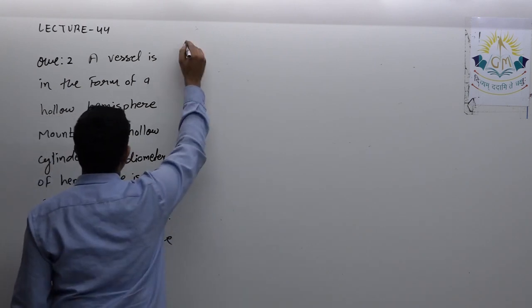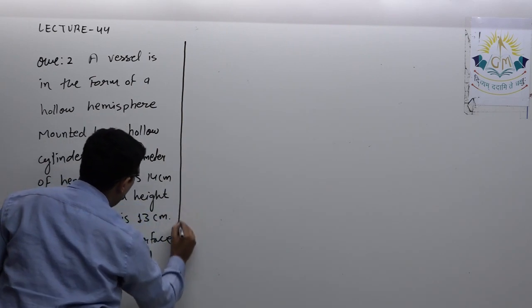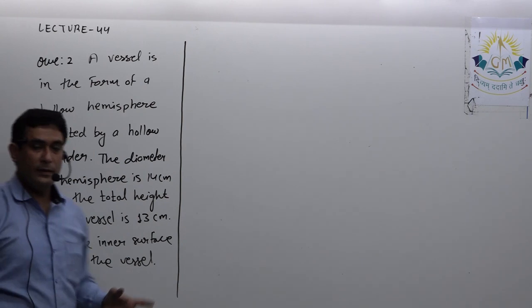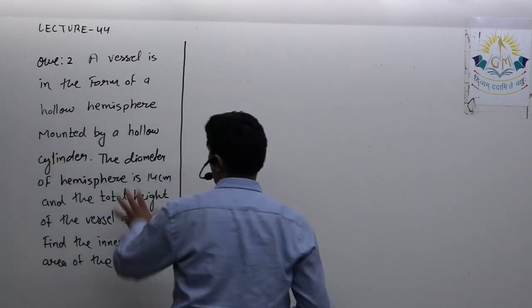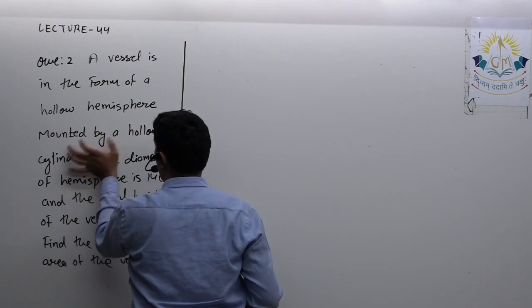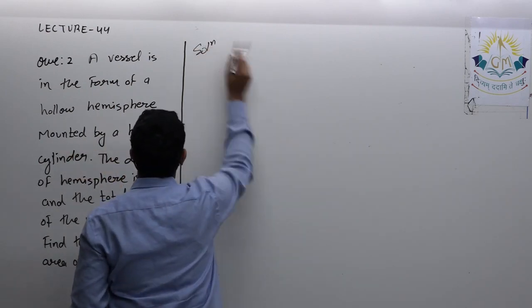Let us see. This is the first question. We can say it's a combination of solids. Two solids are given which are combined. Which solids are there? First is a hollow hemisphere. This is mounted by a hollow cylinder. That means it is something like this.